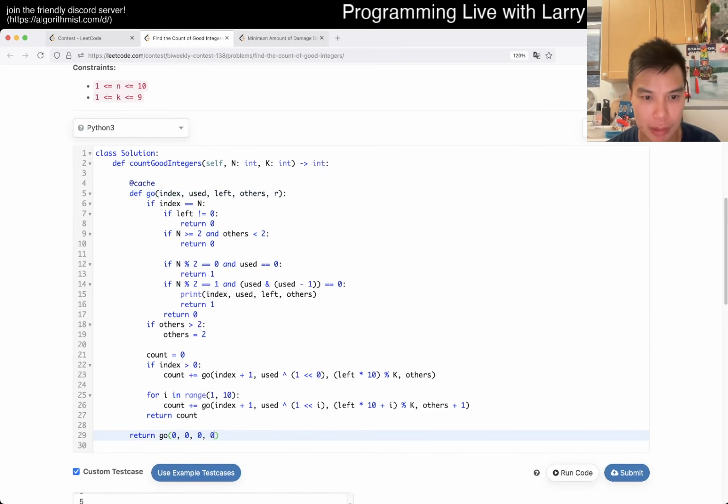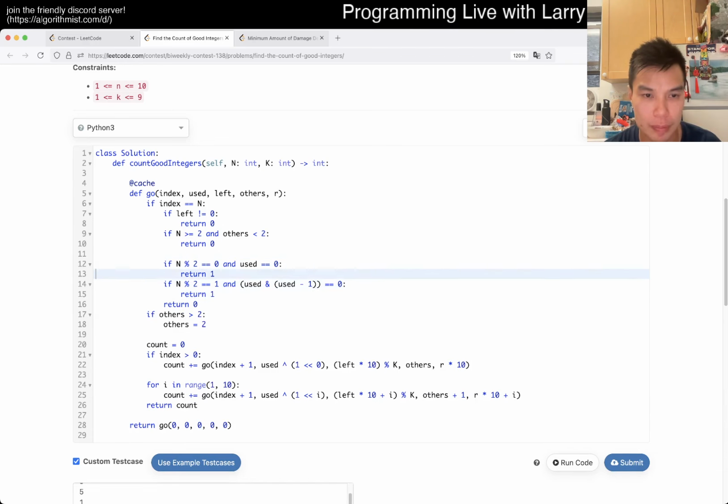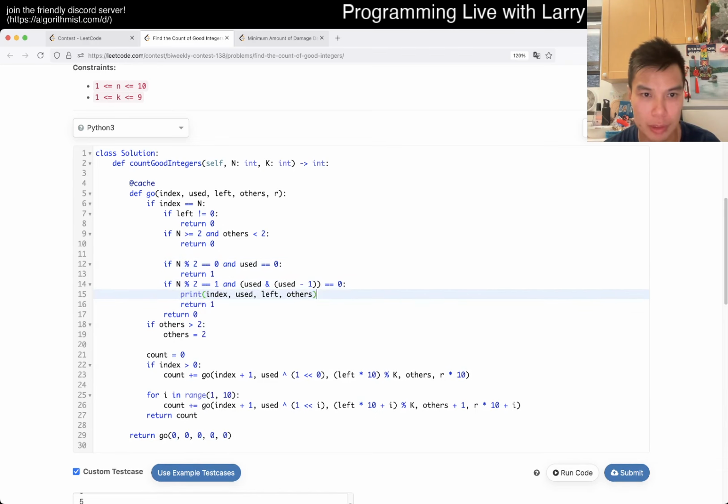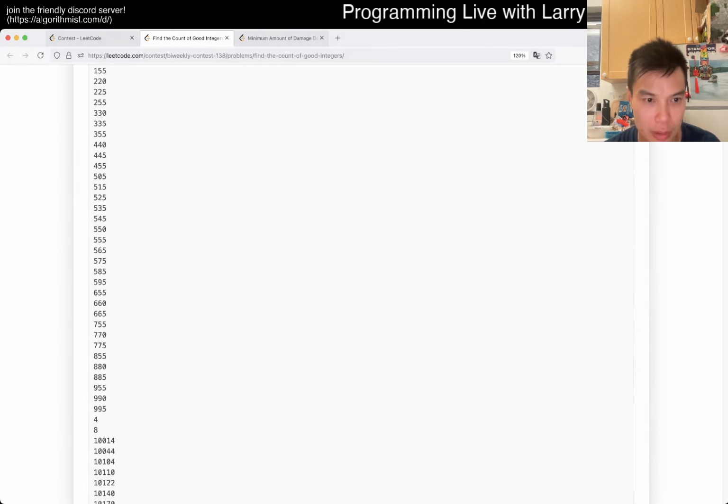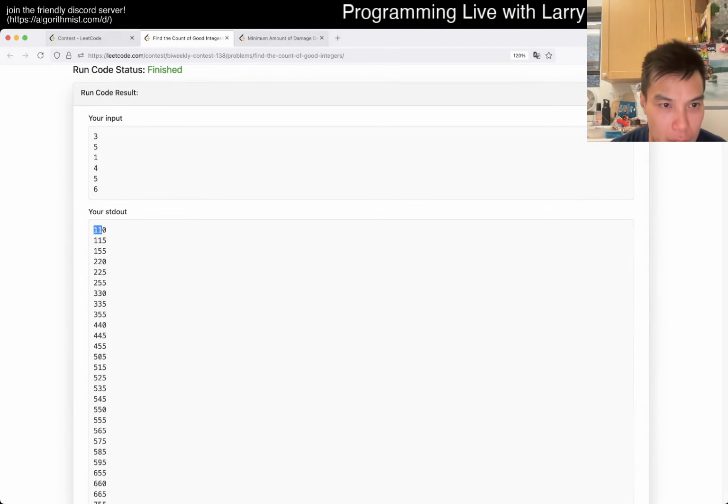A cheating thing, whatever. I guess just all done. I guess it's just here. I think this should print a lot of stuff, hopefully. Okay. So this is good, this is good.